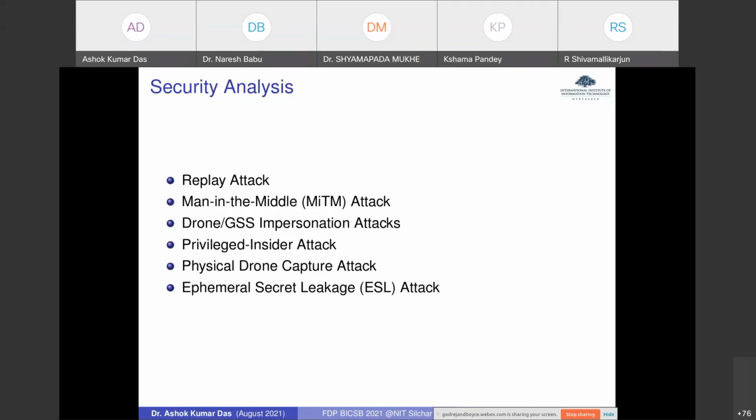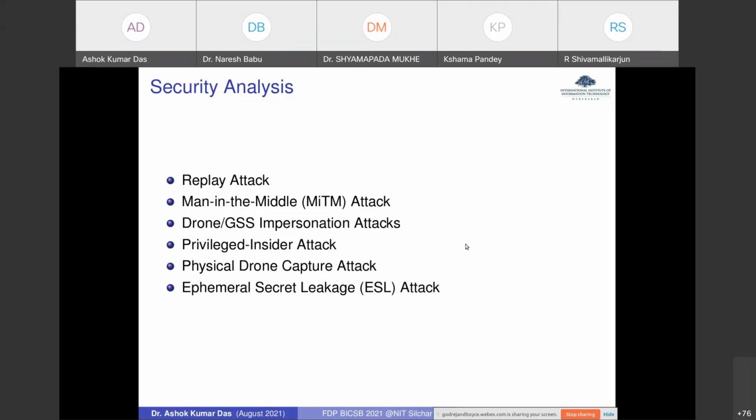Because based on one recent adversary model, known as the CK adversary model, if an adversary is able to hijack a session, then all the temporal secrets can be leaked. So if the session key is based on temporal secrets only, then the session key will be compromised. But in our case, we have used temporal secrets along with the permanent secrets. In that way, the session key cannot be compromised.